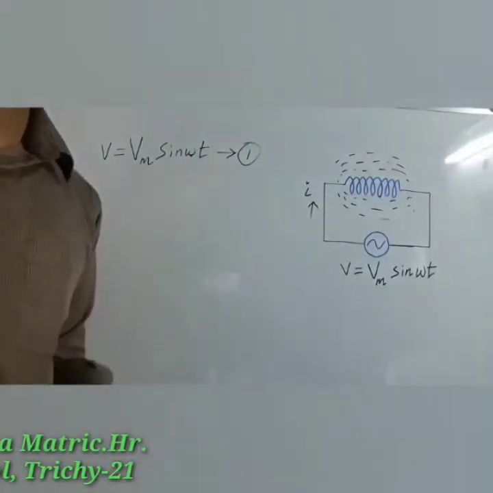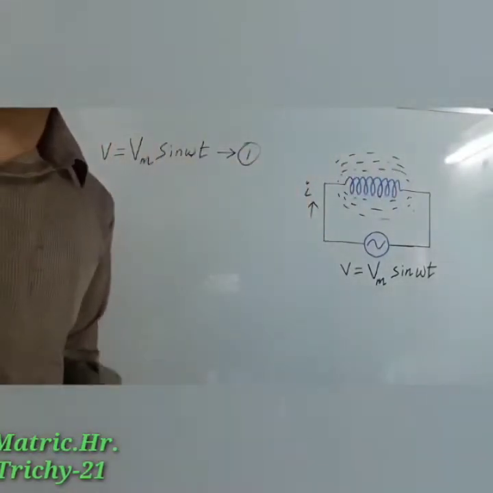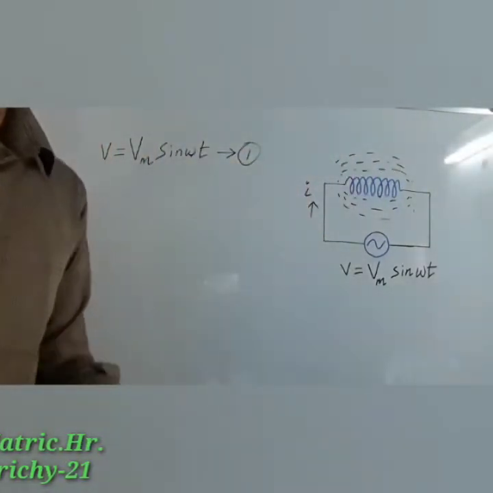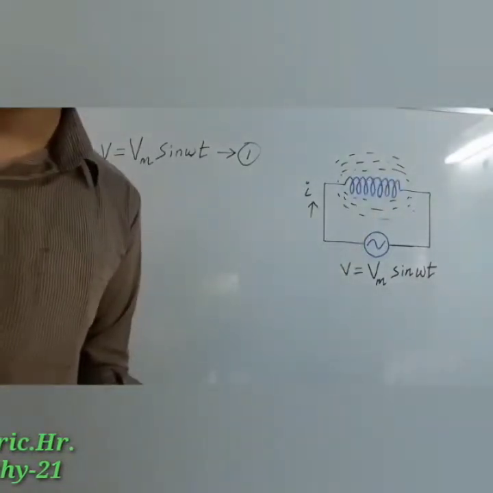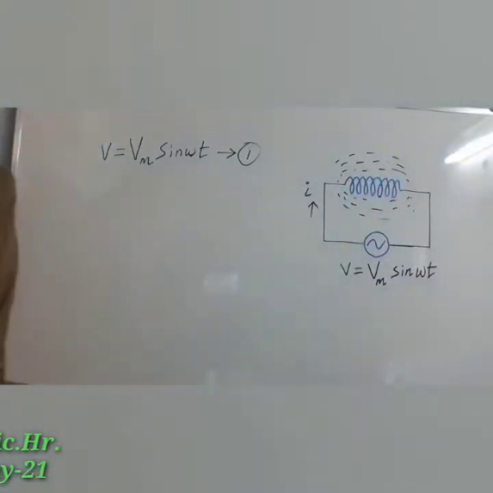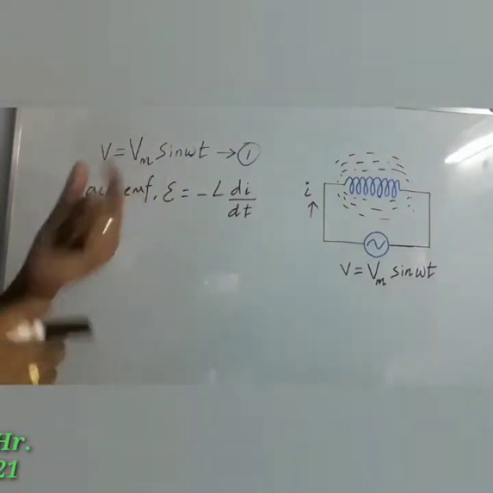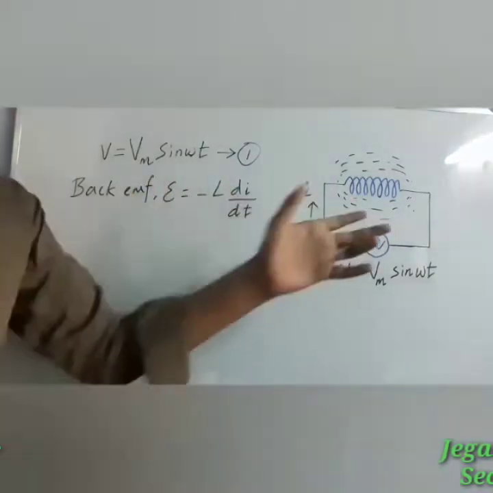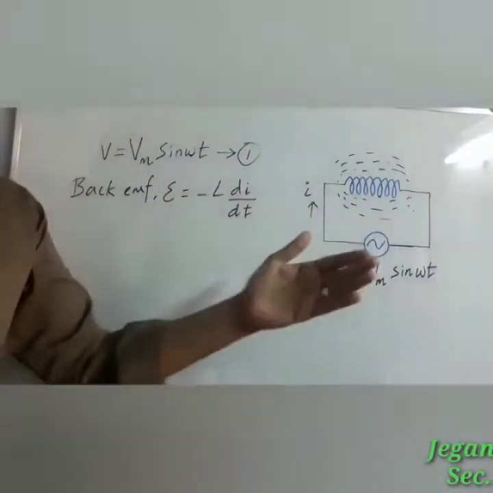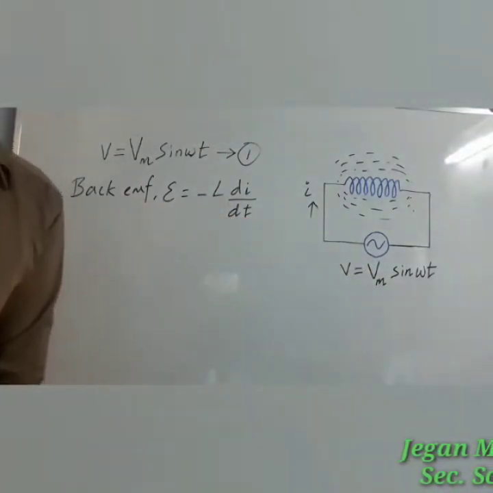As per Faraday's law, the change in magnetic flux in the coil induces an EMF. It is known as self-induced EMF or back EMF in the circuit. So how can we write the back EMF? Back EMF epsilon is equal to minus L di by dt. L is nothing but the self-inductance of the coil, which we have learned about.